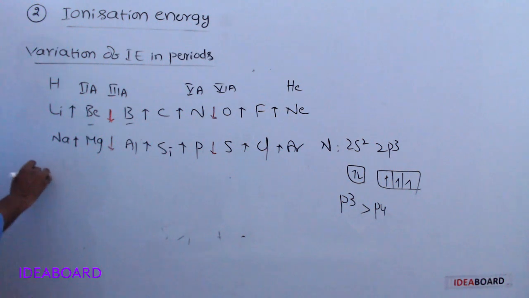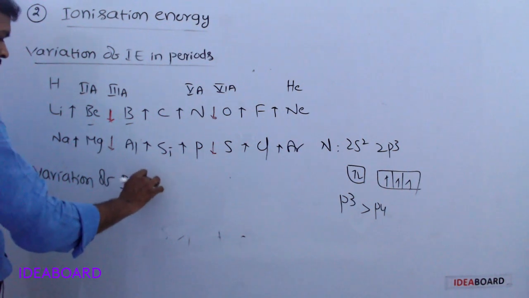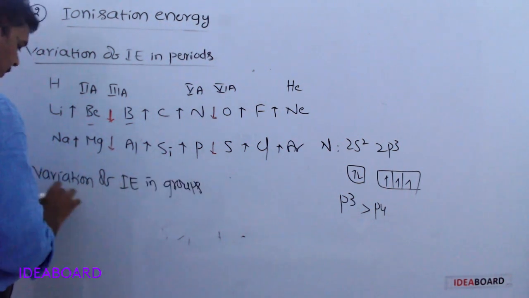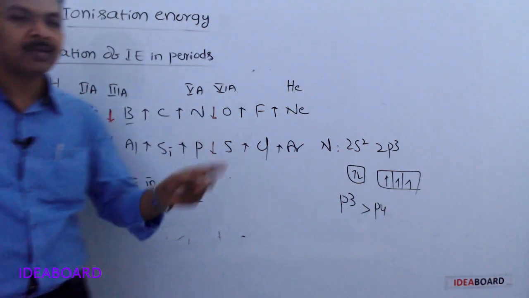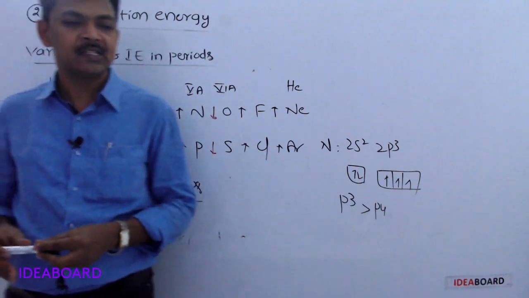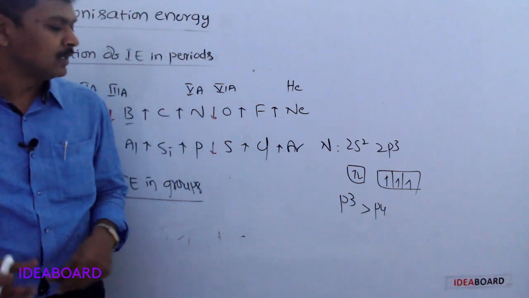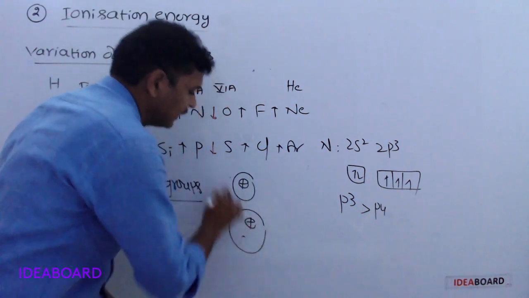Next, in groups. Variation of ionization energy in groups. In groups, top to bottom, as the atomic number increases, atomic size increases.